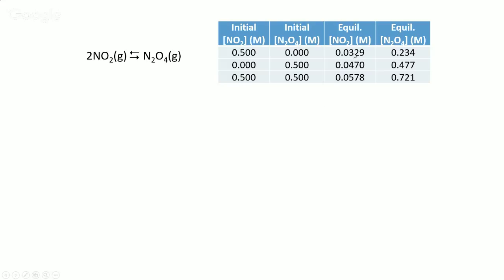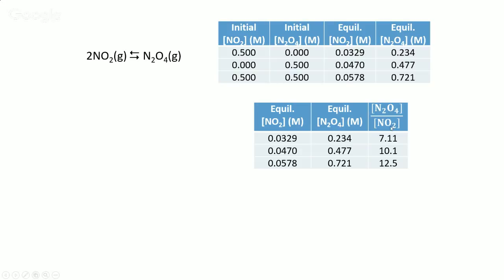And again, you'll notice it's not the same concentrations every time. It does depend on the concentrations you start with, but no matter what you start with, it's going to reach equilibrium. And these are the concentrations when equilibrium is reached in each of these three trials. So if you take a straight ratio, you divide the product concentration over the reactant concentration for each of these three trials, you'll notice you get a different ratio.